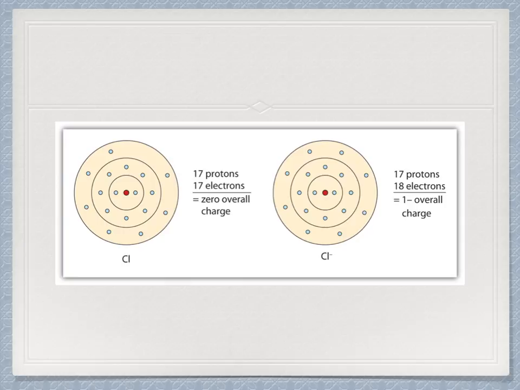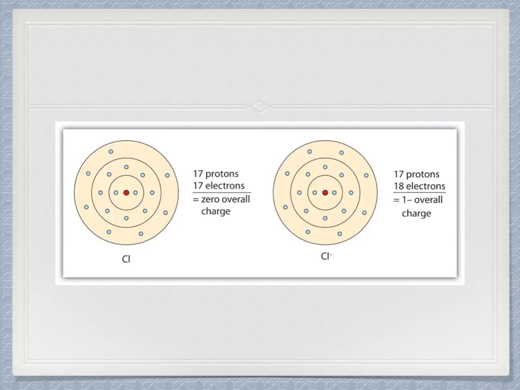What about chlorine? Chlorine's got 7 electrons in its outer shell. It only needs 1 more electron to become stable. So do you think it's easier for chlorine to lose 7 electrons or to gain 1 electron? It's obviously easier for chlorine to gain an electron. So chlorine gains an electron, it's gaining a negative charge.